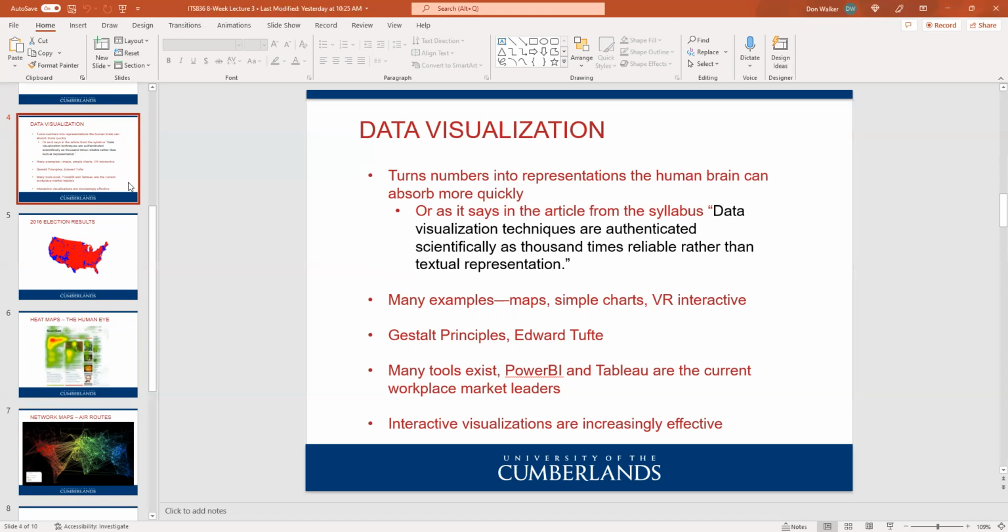Or from one of the articles, data visualization techniques are authenticated scientifically as 1,000 times more reliable than textual representation. They may have removed that article finally, but that's a person's attempt at saying a picture is worth 1,000 words. So there are many, many examples of data visualization. One we all deal with all the time is a map.